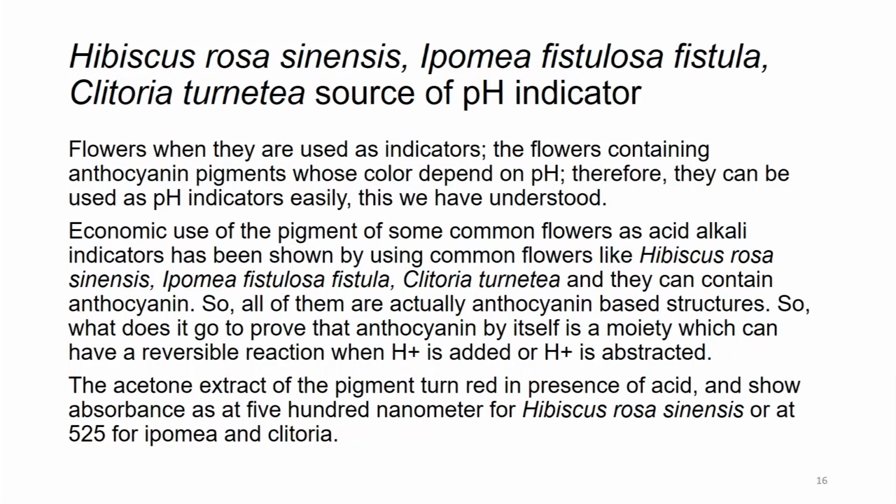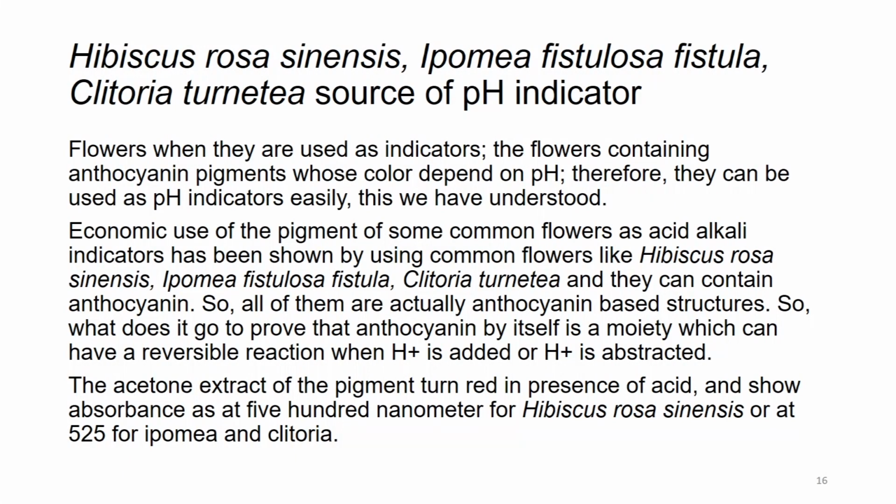Hibiscus rosa sinensis, Ipomoea fistula, Clitoria ternatea can all act as pH indicators because they are from the class of anthocyanin molecules.